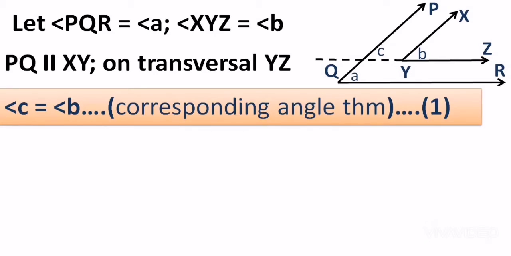After mentioning the details that we have taken and observed, we can say that angle C and angle B, if you observe the diagram, both are above the transversal and both are on the right side of the transversal. These properties make these two angles corresponding angles.